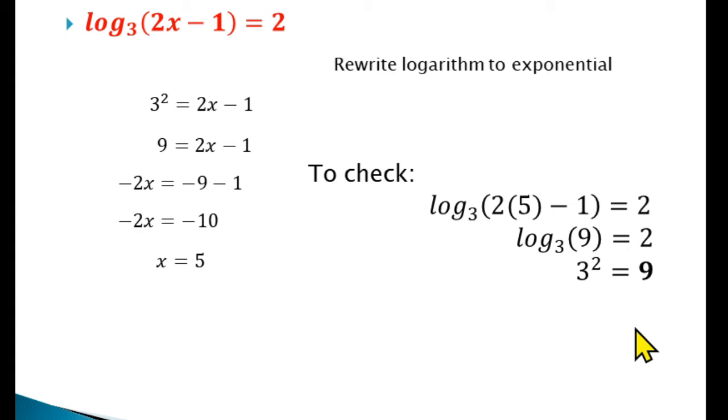Rewriting this into its exponential form, we have 3 squared equals 9, and we all know that 3 squared is also equal to 9. Since our equation is being satisfied, therefore we can conclude that x equals 5 is a solution to our logarithmic equation.